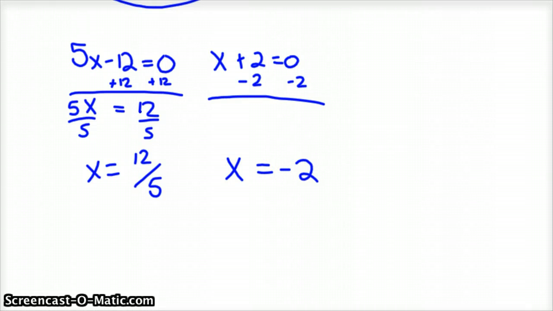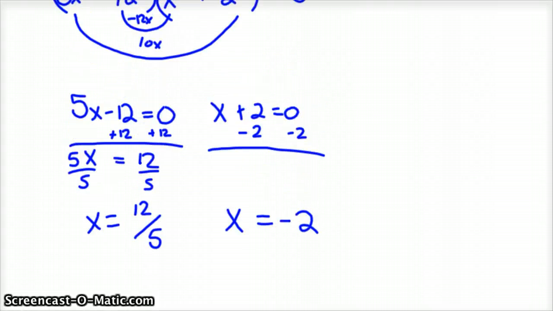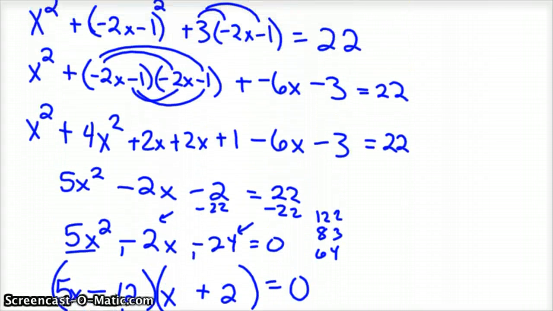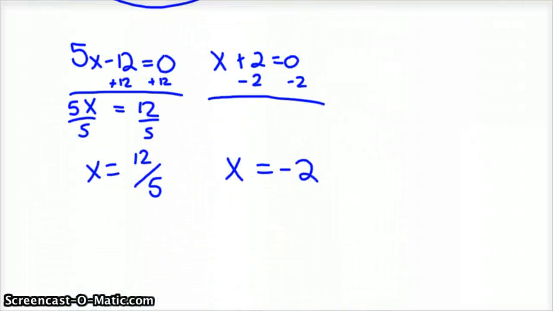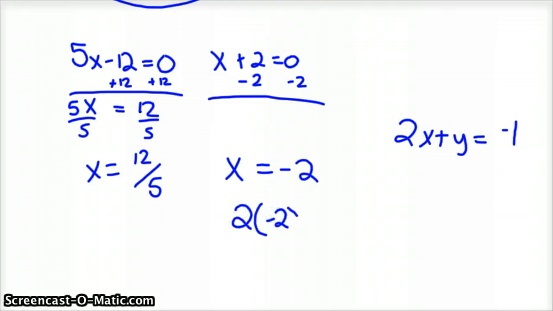So now we need to find the y values, because we're really looking for a geometric, an ordered pair where they intersect. So I'm going to use that original equation, which was 2x plus y equals -1. I'll write that up here, and solve both of those. We'll use substitution again. So instead of 2x, I'm going to have 2 times -2 plus y equals -1.